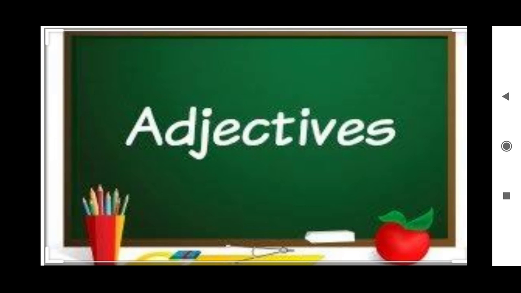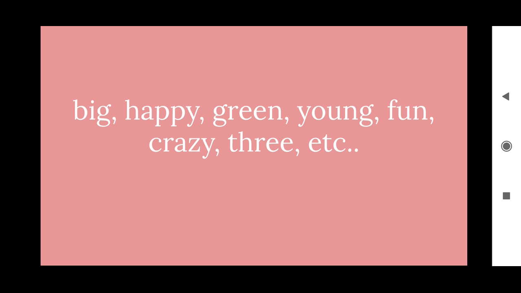Next, adjectives. An adjective describes or modifies or gives more information about a noun or a pronoun. For example: big, happy, green, young, fun, crazy, three, etc. These are all adjectives.